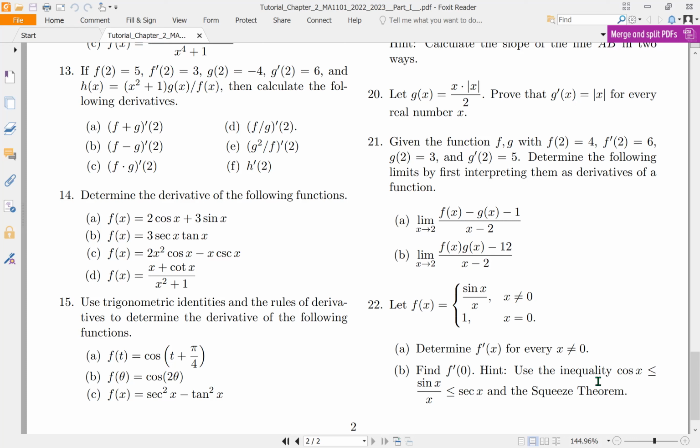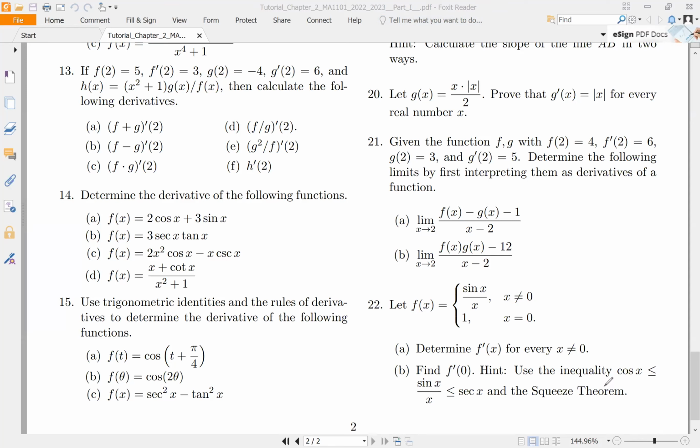Of course, we can apply the product rule or the quotient rule or other rules for finding the derivative, combining with the derivatives of the cosine function, sine function, secant function, tangent function, cosecant, and cotangent as well. Okay, so probably we'll focus on 14a and 14b there. Okay, so let us start with the easiest one, 14a.